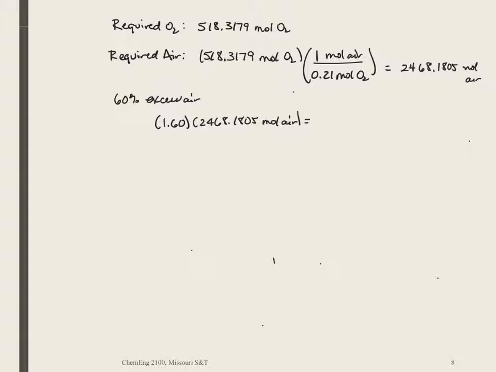Therefore, I need 3,949.0888 moles of air. Now, using appropriate sig figs, remember they just gave me 3 liters and 4 liters, I would say that I need 4,000 moles of air.